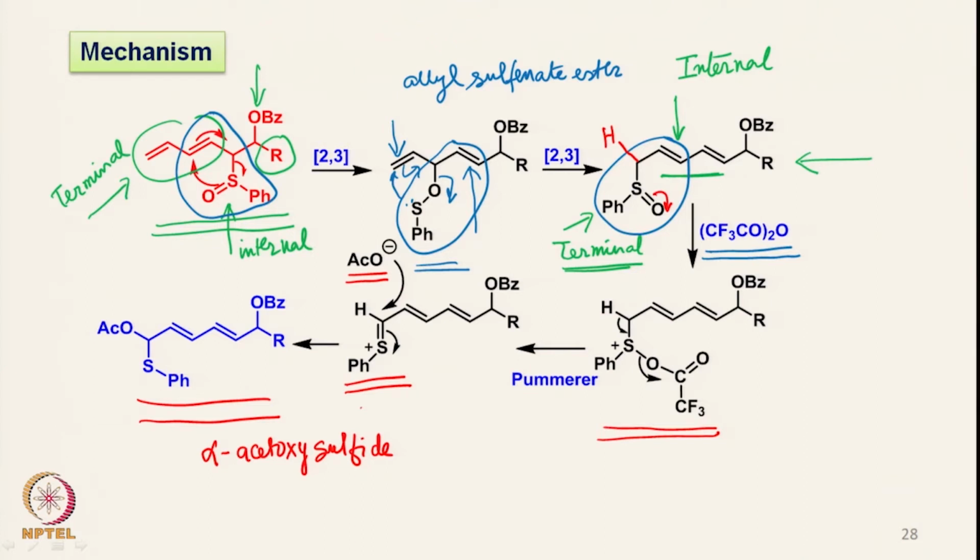So now one can carry out many different interesting applications of this highly functionalized molecule to convert it into different intermediates which could be useful in the synthesis of important natural products.